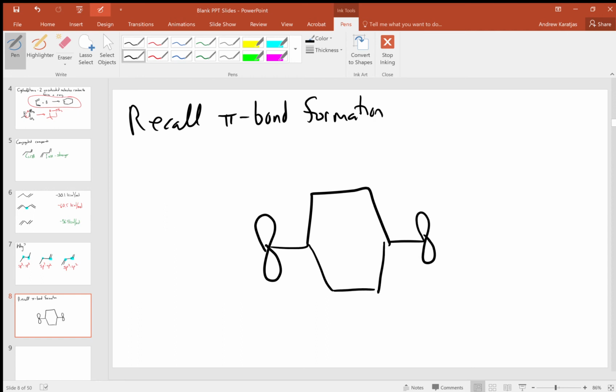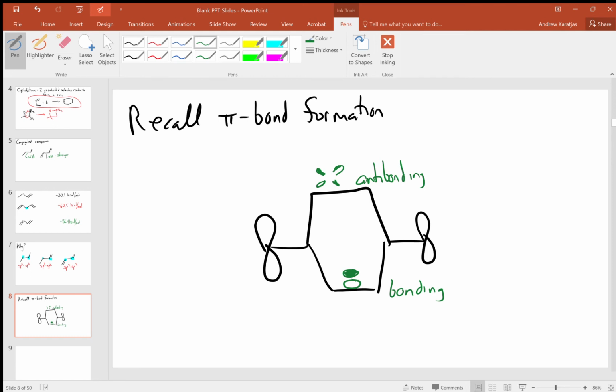And when those two p orbitals combine to form the pi bond, we get a bonding orbital which is lower in energy, and then we get an anti-bonding orbital which is higher in energy. So how does that affect us here?